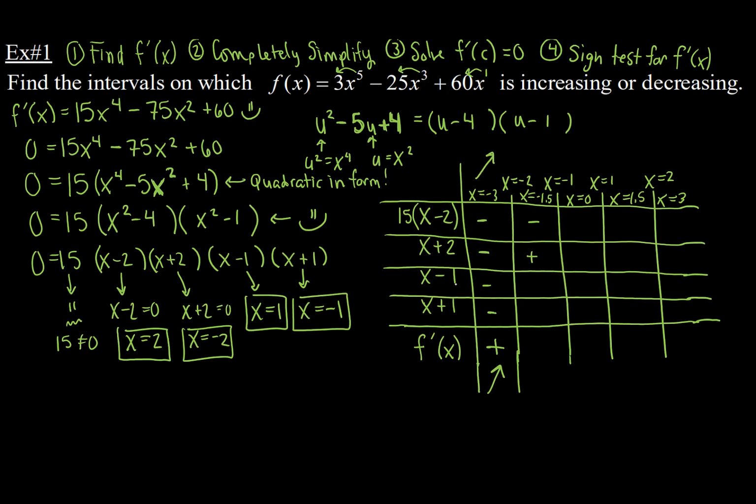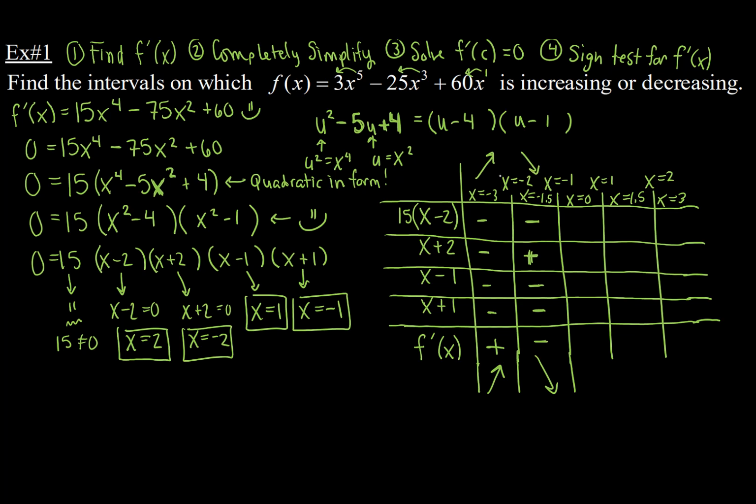And then for x minus 1, I get negative. And for x plus 1, I get negative. Now, if I look at this cumulative effect, negative times positive is negative, times negative is positive again, times negative is negative. I can also just take negative 1.5 and plug it into my first derivative, and I'm going to get a negative sign. Okay, and that means it's decreasing.